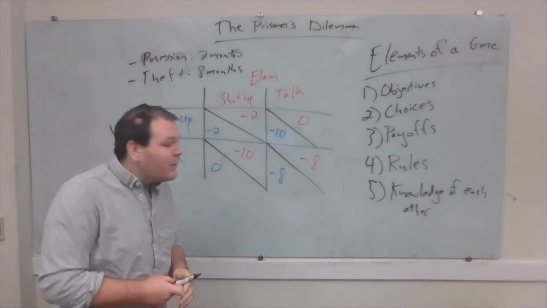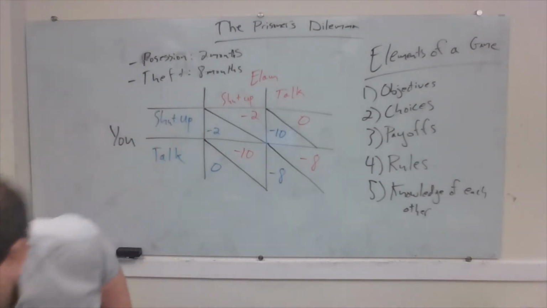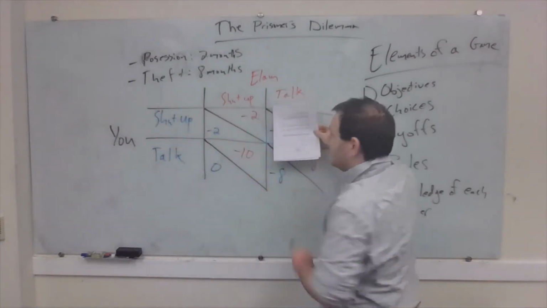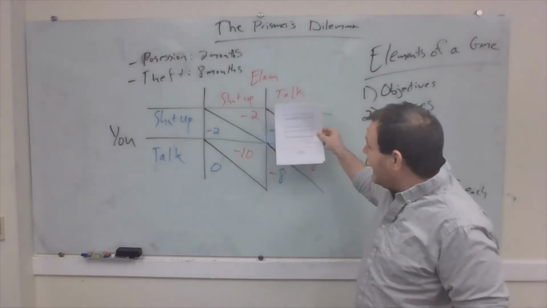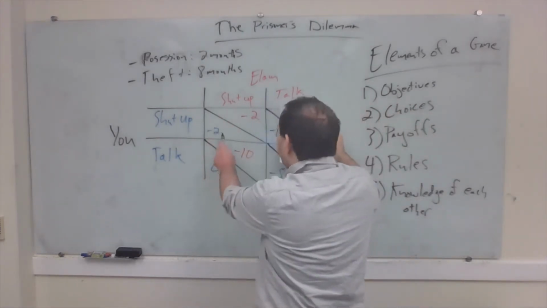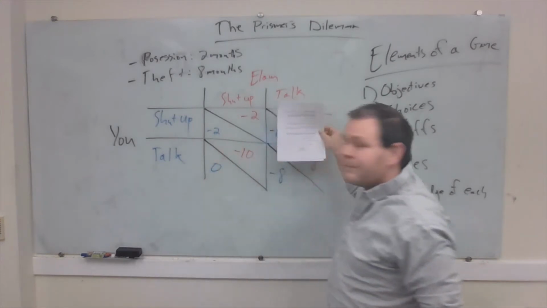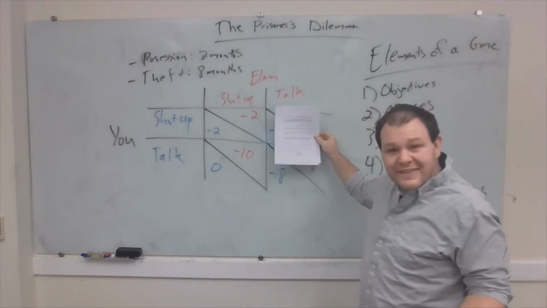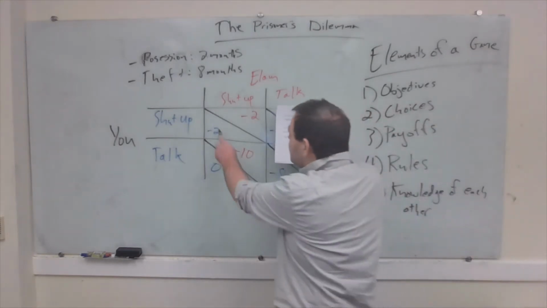Right? What if we knew for sure that President Elam was going to be quiet, right? We knew he wasn't going to talk. So in that case, right, all we have to worry about is our best move, given that President Elam's going to be quiet, ourselves to be quiet or to talk. Well, in this case, right, we'll get 2 months community service if we're quiet.